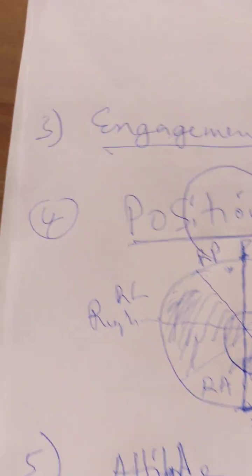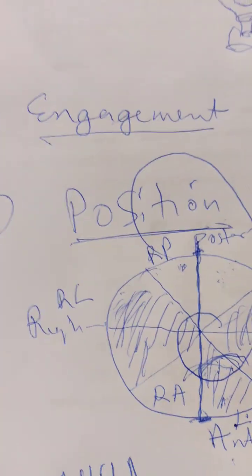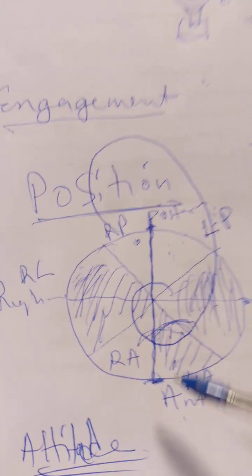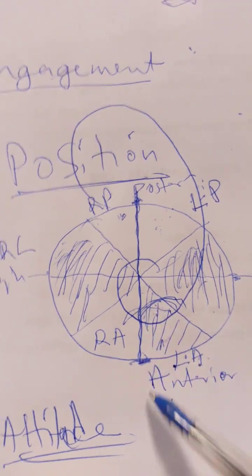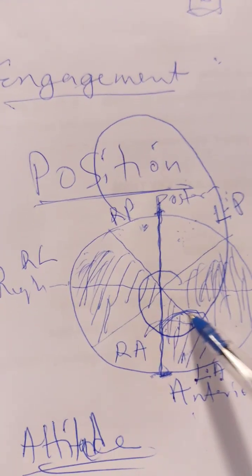I think this was an interesting exercise, but let me come back and just add one word under position. What if it was the buttocks of the baby that was presenting, that was lowermost inside this cavity? You see that the sacrum is the leading part.